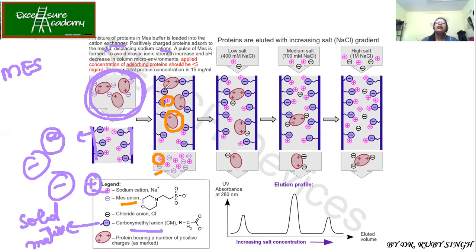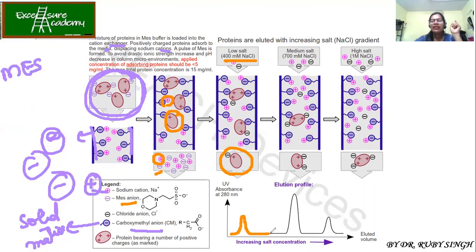That is, we start with a low molar concentration of NaCl, let us say 400 millimolar. So in the buffer we add NaCl, and the weakest interaction will start coming out. Once the protein having a single positive charge is eluted out, you get a peak over here.